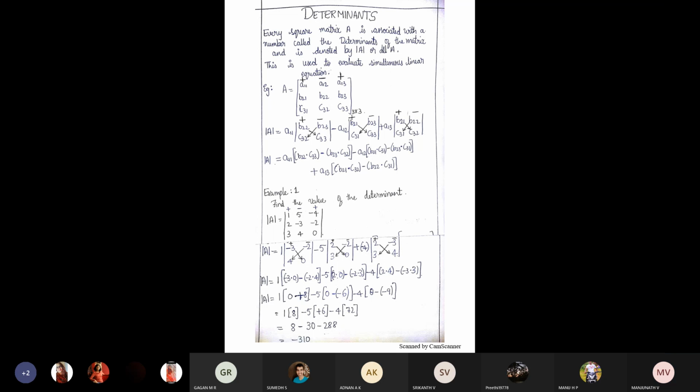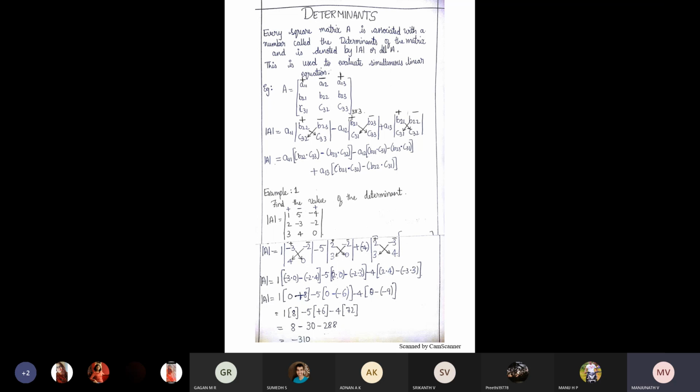Here 154 represents A11, A12, A13. 232 represents B21, B22, B23, and 340 represents C31, C32, and C33. If you want, I can give you further explanation.